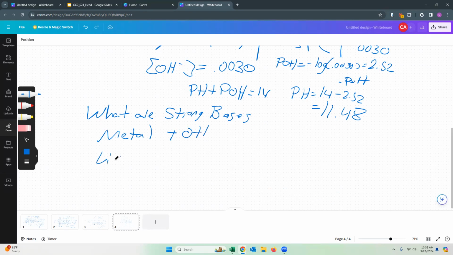So lithium hydroxide, potassium hydroxide, we just talked about strontium hydroxide, calcium hydroxide. Generally, if you're seeing a metal plus an OH, just assume that's a strong base. It will break down completely. And there is some extra practice there for you as well. So feel free to check that out.